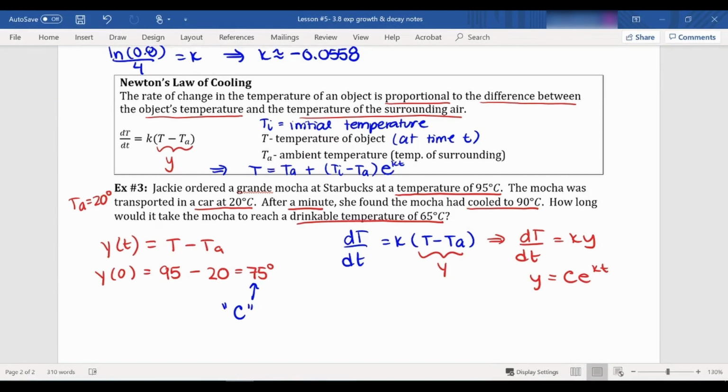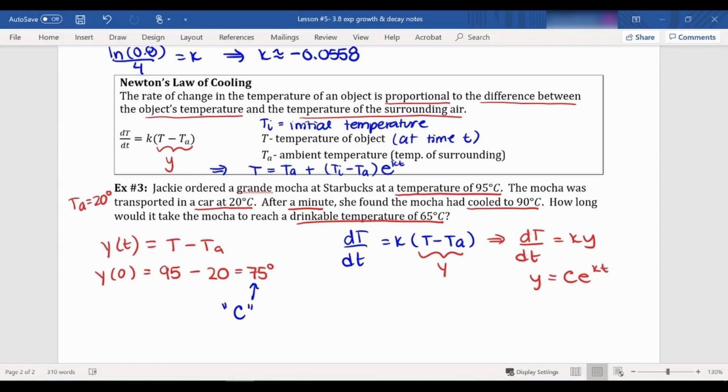So basically what I'm saying is, from the front page, we know that if your dy/dt is proportional to your original function, so if you have dy/dt equals ky, you know that y has to be of the form c e to kt.